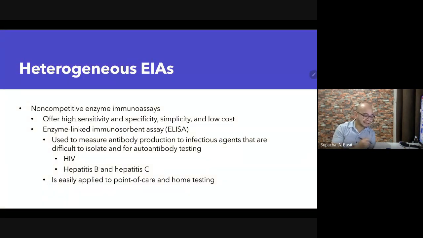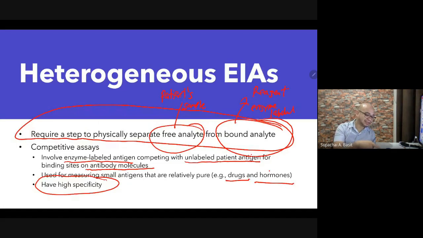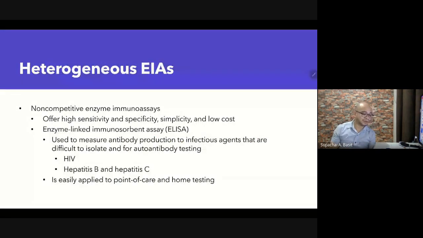So there is also a non-competitive enzyme immunoassay. The first heterogeneous immunoassay that I've discussed here is the competitive assay. And then the second one is the non-competitive enzyme immunoassay.